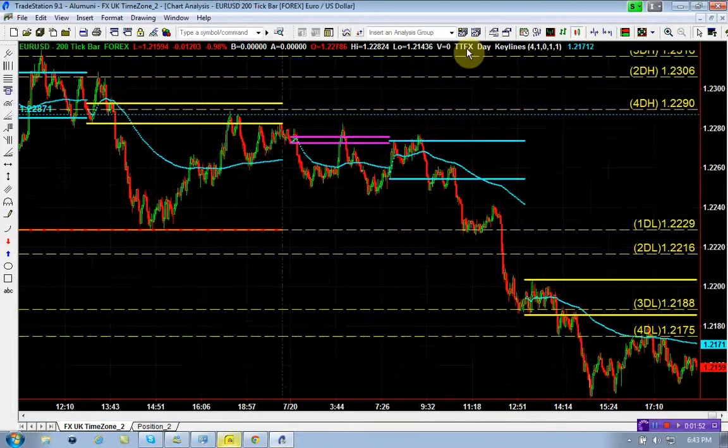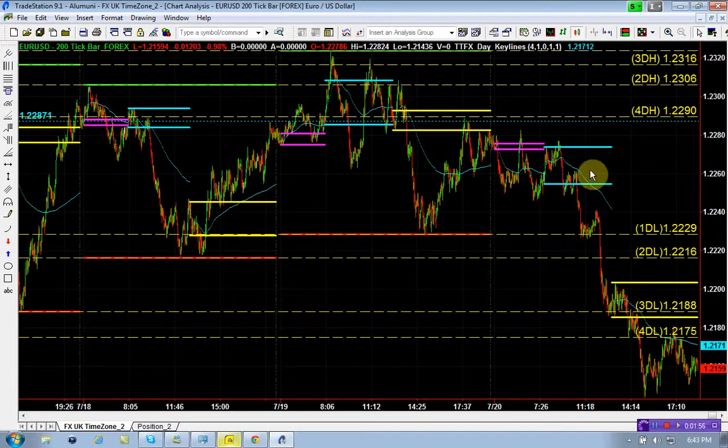So looking at the intraday, just to see that the chart patterns work irrespective of the time frame, just take a mental picture of this here.